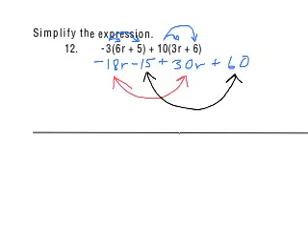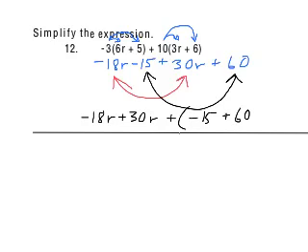If they're all signed numbers added together, we can move them around using the commutative property. So that's what I am going to do. I'm going to put the negative 18r plus the 30r together, and then I'm going to add that to, I'm putting the parentheses in just for keeping things separate, negative 15 plus 60.